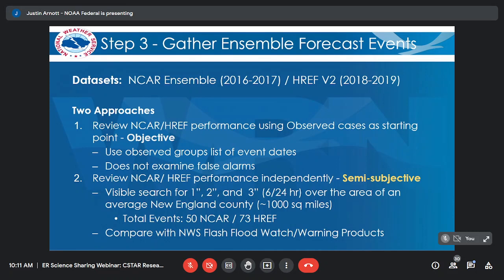Now, independently from that, we looked at the performance of these two from a more subjective view, what I'd like to say is from the eyes of the forecaster, where the forecaster who was gathering this information did a visible search for these events, and came up with over 120 of them within the ensembles, and then compared them with what happened, as well as what we were issuing in terms of headlines.